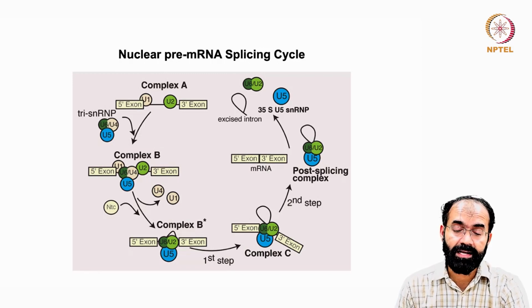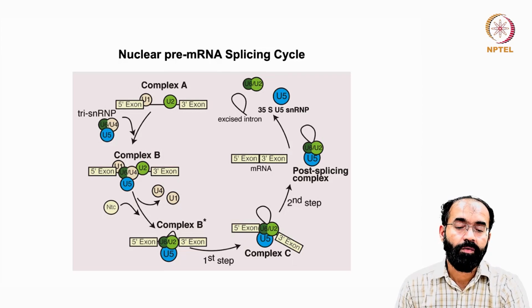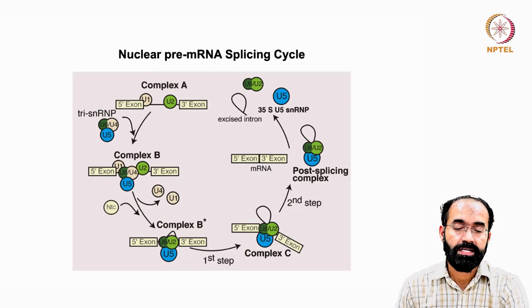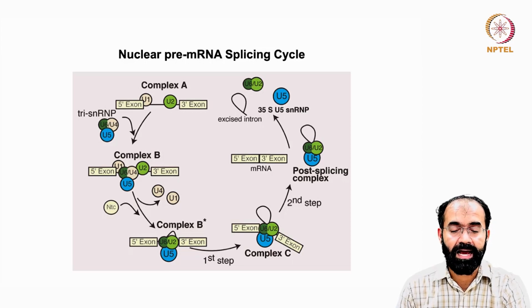As a result, RNA comes out, and you have U6, U2 and U5, which is called the post-splicing complex, released along with the intron lariat. Once this complex is released, it is further disassembled so that the excised intron is released, U6 and U2 are released as a pair, and U5 is released separately as the 35S U5 snRNP.